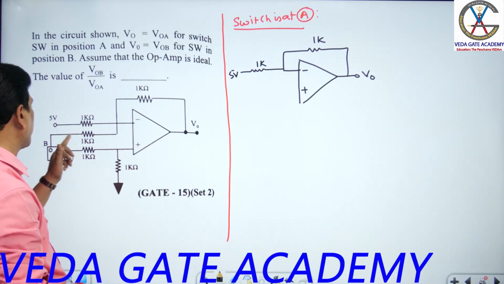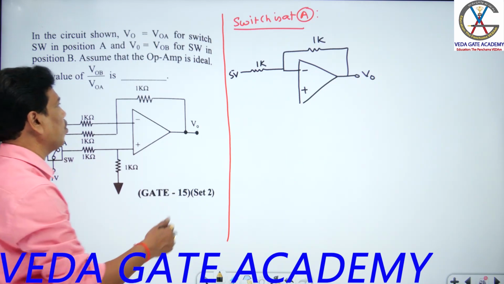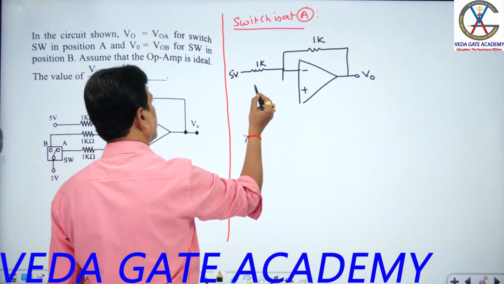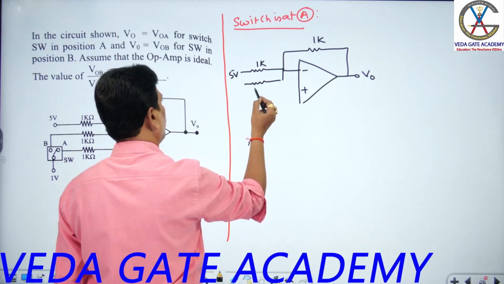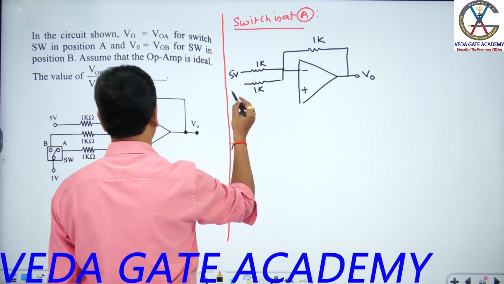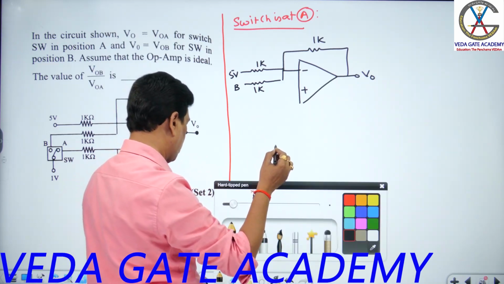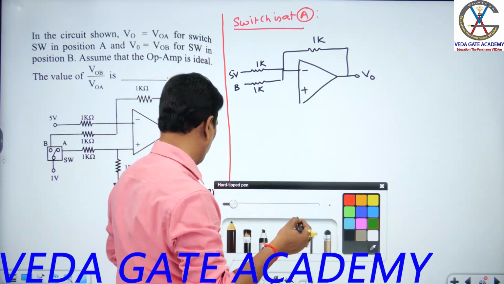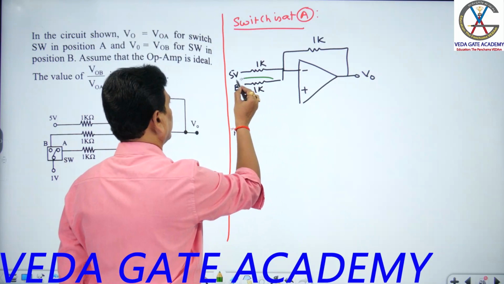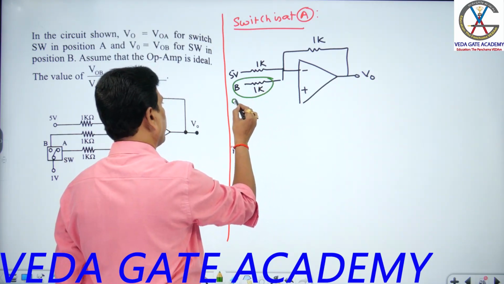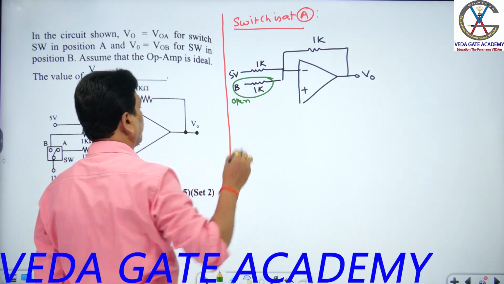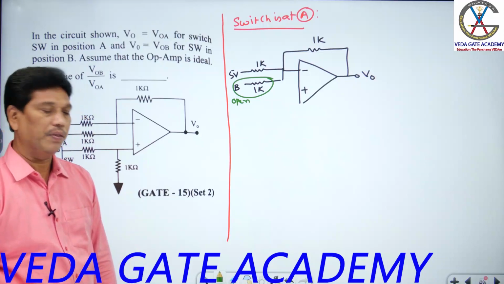So the corresponding 1K at B is open. This will be open, no use. That place becomes open. Open resistor, no use.